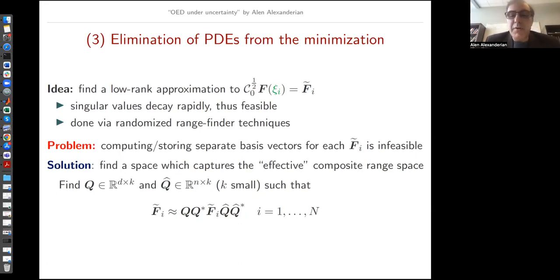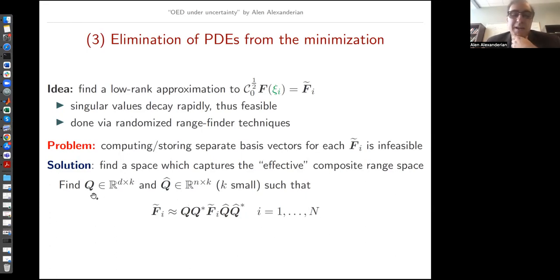So a more reasonable approach would be, at the cost of some approximation errors, not to do an exact range finder for every F i, but to find a space which captures, roughly speaking, the effective composite range. This is how we do it, and more details are in our paper.